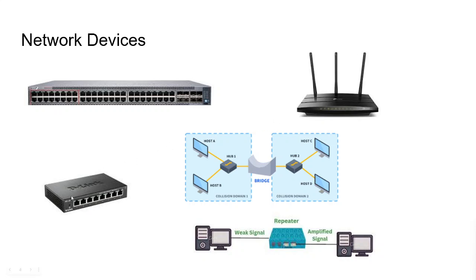Now a hub, it's kind of like a switch, except it doesn't read the MAC addresses. That's why this is a layer 1 device. Let's say host A wants to send a signal to host B. Host A will send that to the hub, and the hub will send that signal everywhere.